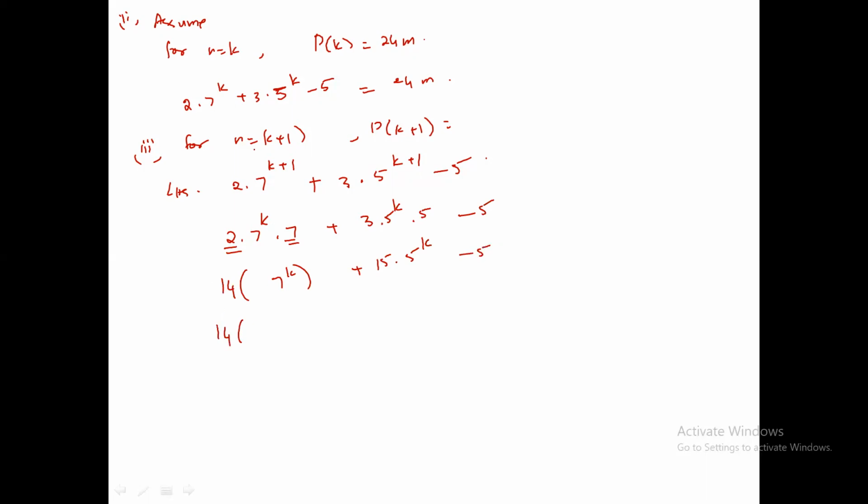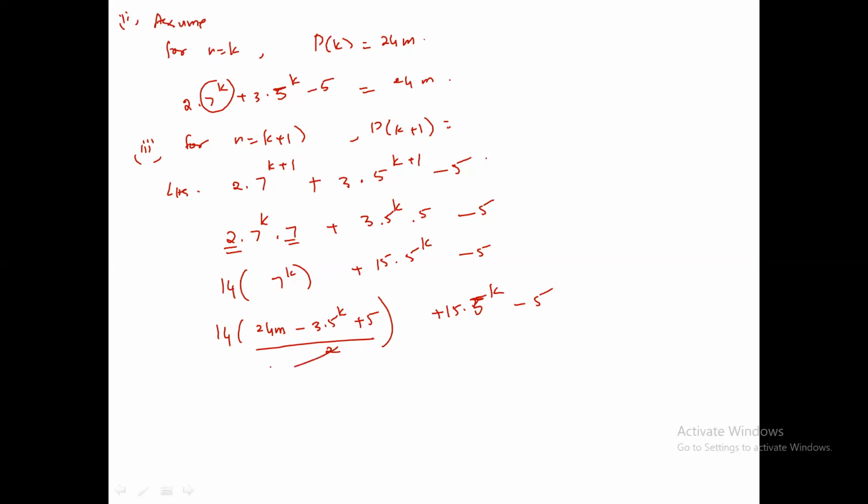14 into 7 power k. How will I write this 7 power k? 24m minus 3 into 5 power k plus 5 by 2, plus 15 into 5 power k minus 5.